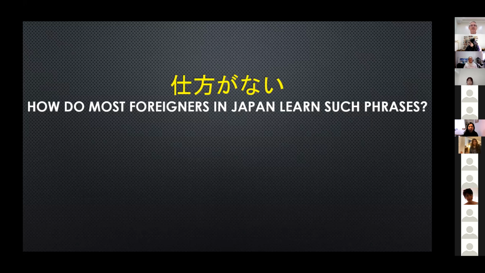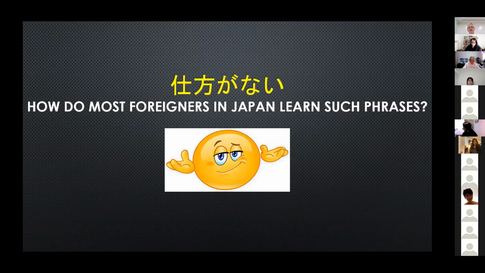Nobody teaches them that this noun phrase at the beginning, shikata, is rather unusual in Japanese, and explaining the basis for that. No, what we do to learn this phrase, which includes the grammatical points inside, is we hear it being used and we start to associate it with a certain mood, a certain feeling, a certain atmosphere.